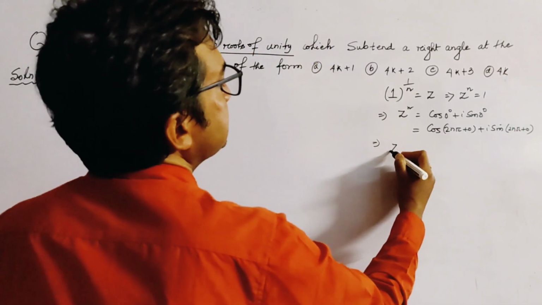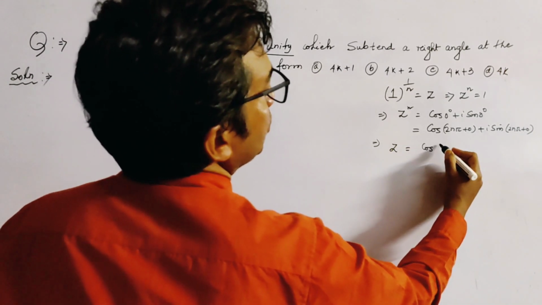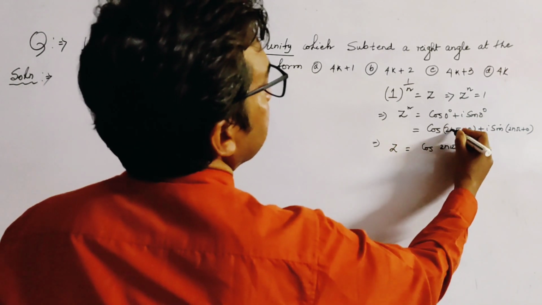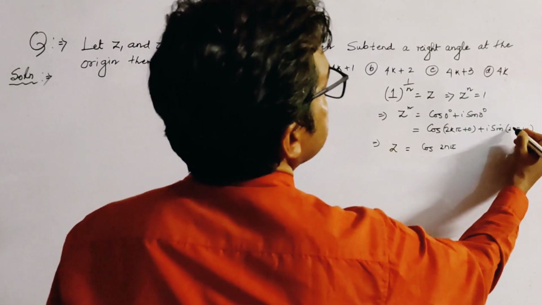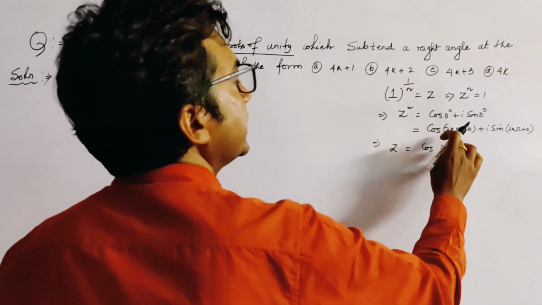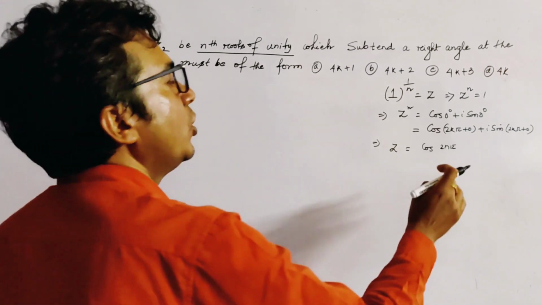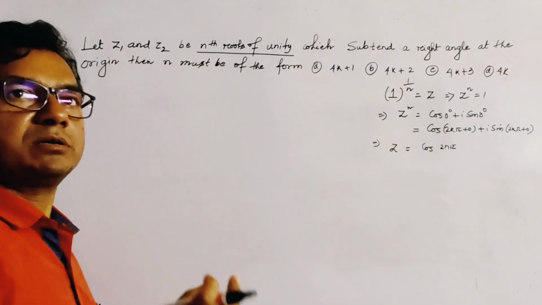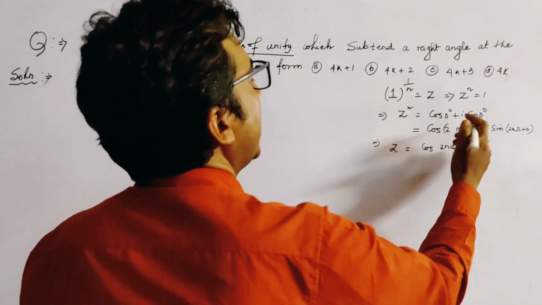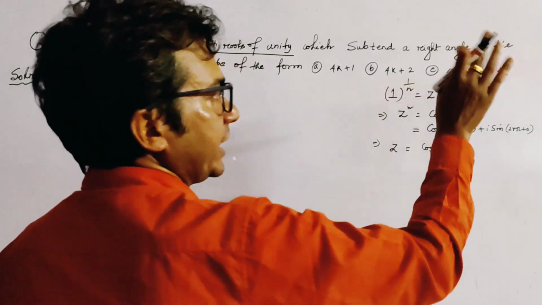That is z equal to cos 2kπ... sorry, this is k, because here we take k as an integer in generalizing the value. Let it be k, because in the options there are k.